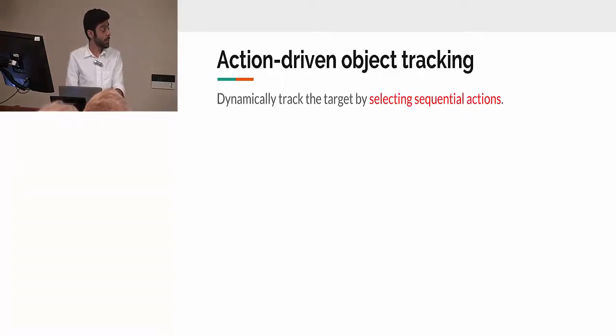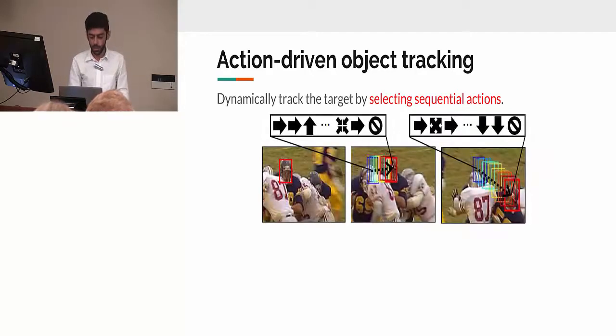The object tracking here is modeled by selecting sequential actions. And those actions are basically movements or scales of the bounding box that we already have from the previous step. For example, here in this figure, we have the location here, and this is the next frame.